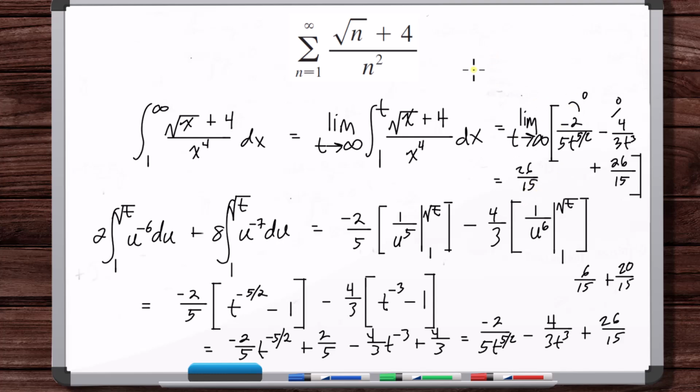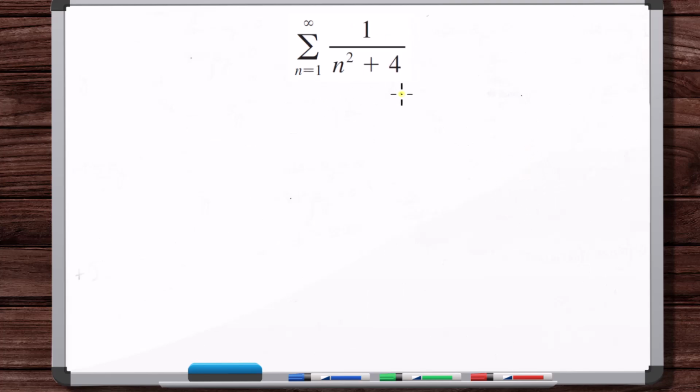So this limit converges. So that means that this series converges. But this limit value doesn't really mean anything to us. Okay, so just looking at the a sub n, we see that the limit of the a sub n is 0, so that doesn't tell us anything.